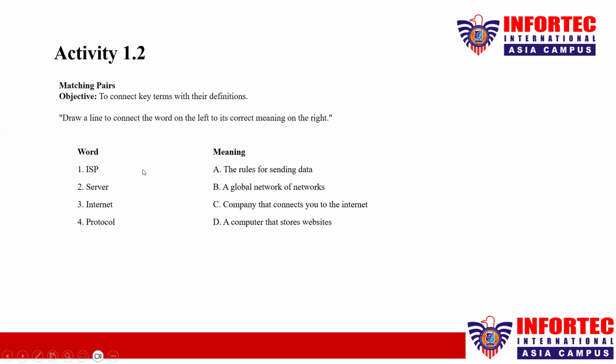You can check the meaning from each, and then you have to underline it and match it to the correct meaning. First take ISP, read all these meanings. If this is the correct one, you can underline it, right? I will give you 2 minutes to quickly do this and come back with your answers.